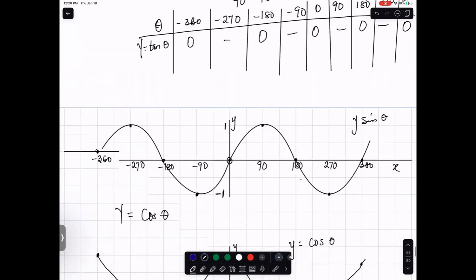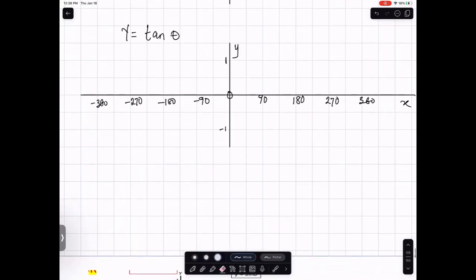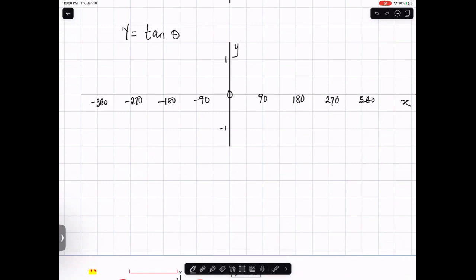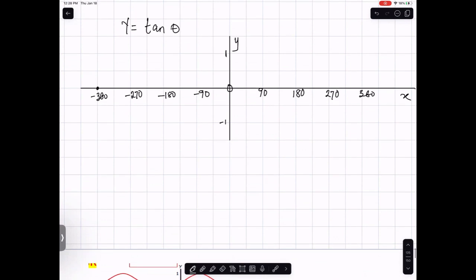So when theta is negative 360, our y is 0. When it is negative 270, it's a math error. So on that, this is what we do. I just draw a line here because there's no value for that at 270.